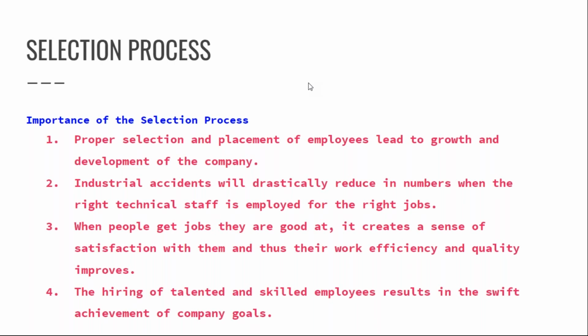Even if there are fewer people, if they are satisfying not only with theoretical knowledge but with practical knowledge in priority, then there will be a reduction in the accidents that take place on a regular basis in different industries.